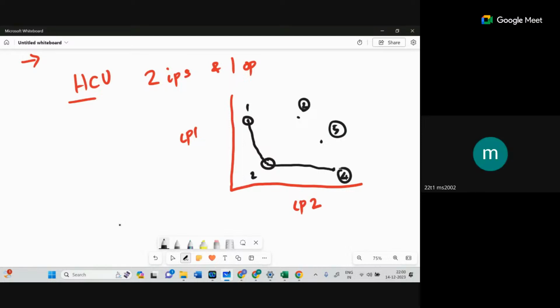Yes. So here you draw a line from the origin. Generally, this is the origin. What is going to happen? Why is it called hypothetical composite unit? Because you say that if 3 lies here, it is going to be efficient.